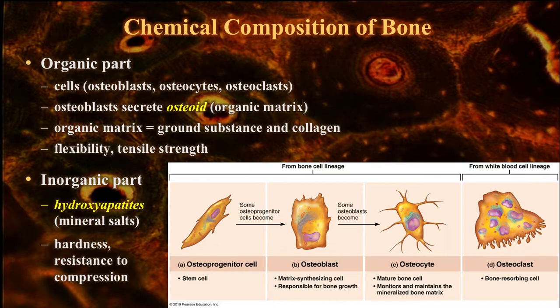Okay, what do osteocytes do? Yeah, they make up the bone. They're living there within the bone. Okay, so they make up the bone component. Okay, and then finally, osteoclasts. We haven't talked about these guys yet. But the job of osteoclasts is to break down bone. So, osteoblasts make and osteoclasts break down.